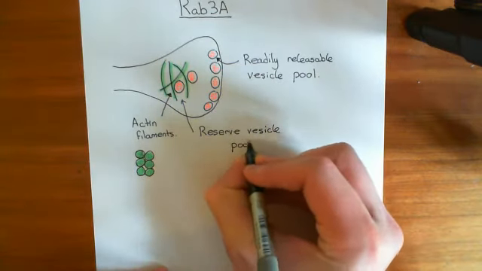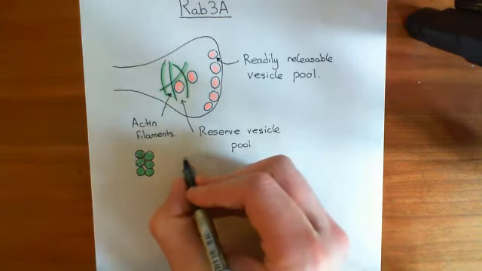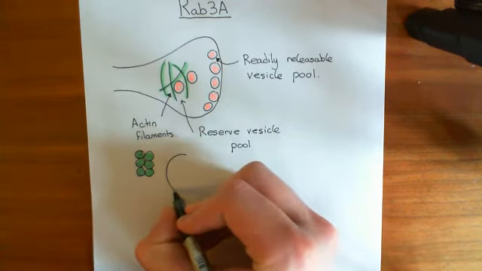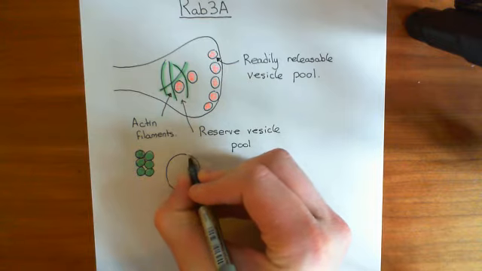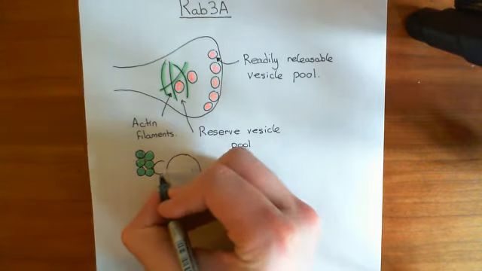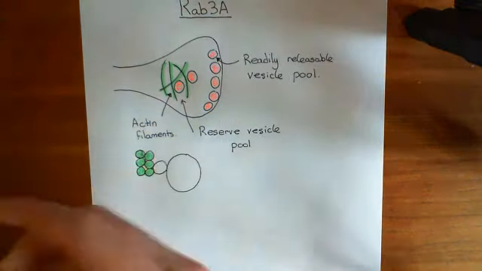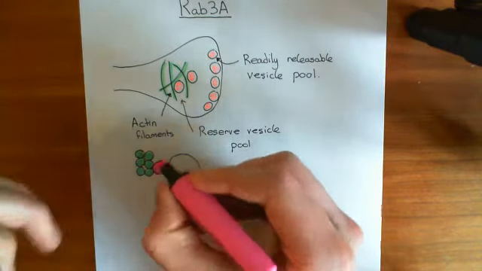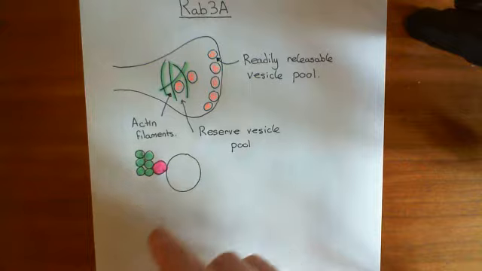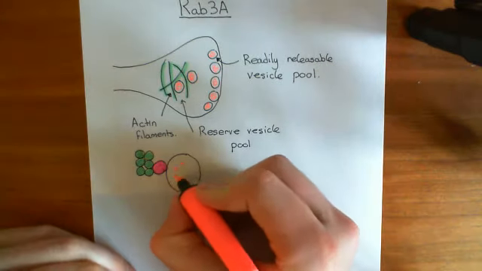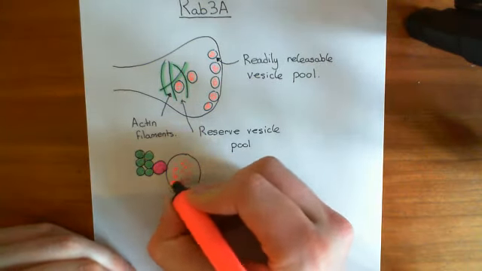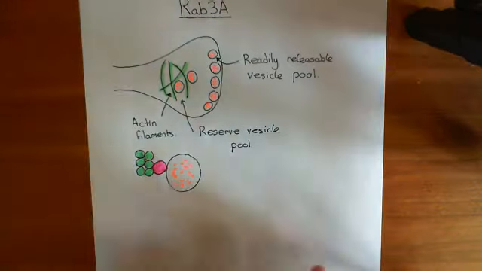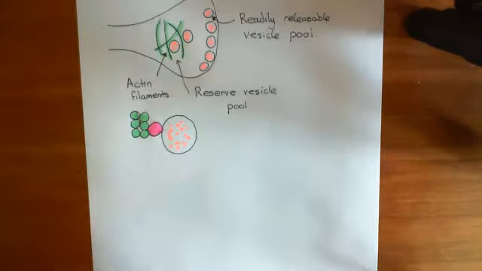Okay, so these reserve synaptic vesicles are attached to the actin cytoskeleton by proteins known as synapsins. So here in pink, this is a synapsin protein, and this larger blob that I've drawn here is the synaptic vesicle. So here are the neurotransmitters within the synaptic vesicle.